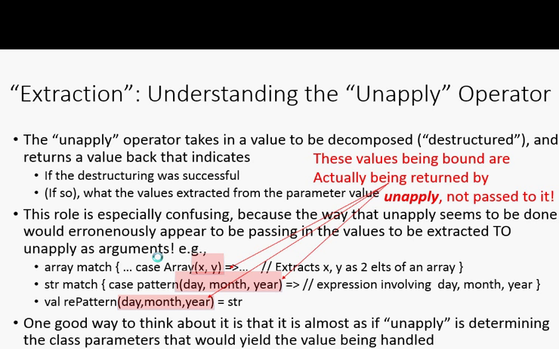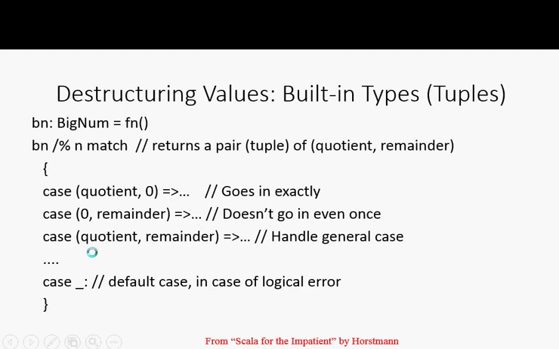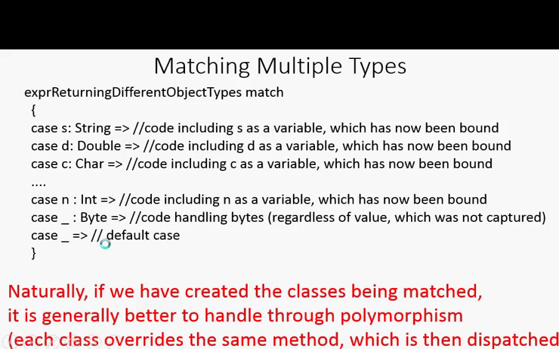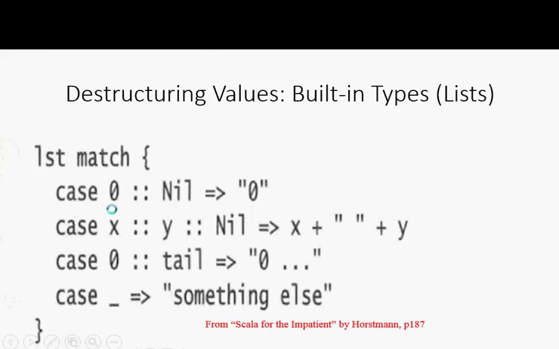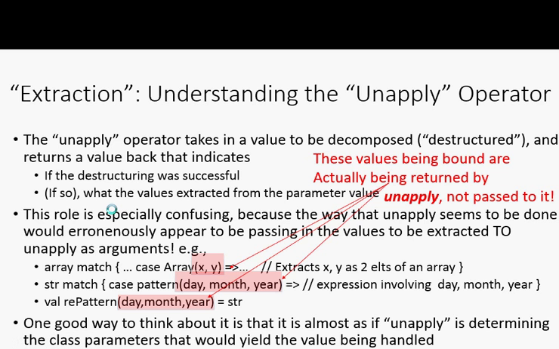You write Unapply for a class, and it can then allow you to perform this sort of extraction. So I want to talk about it. How does this Unapply operator work?